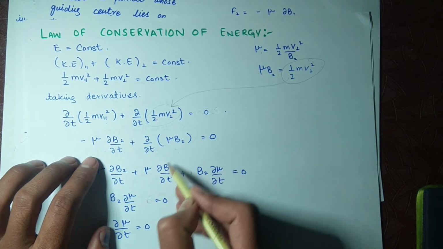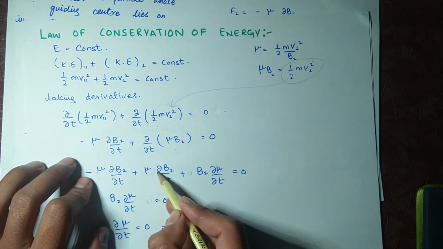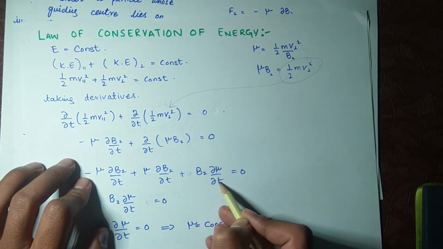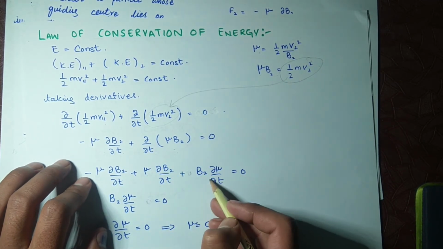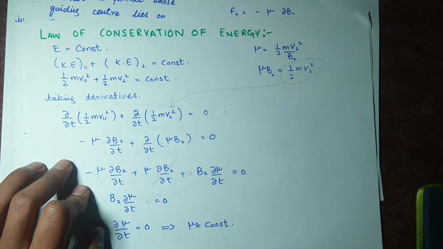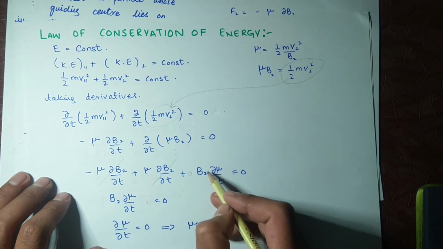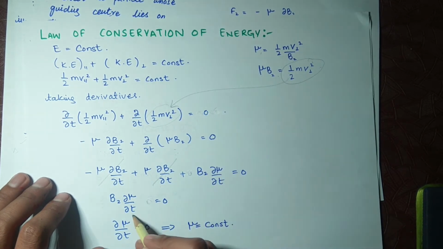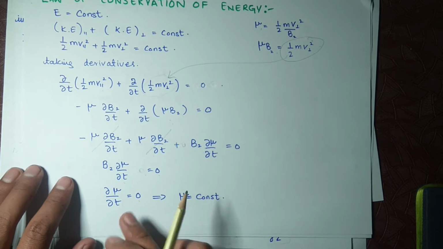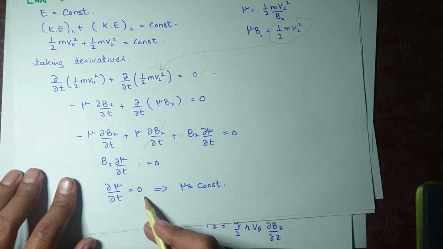Now applying the product rule, mu partial b of z will be equal to b of z partial mu by partial t. This is the product rule we have applied here. This whole value will be cancelled out with this one, and the remaining value will be b of z partial mu by partial t. B of z will be 0, so we will have partial mu by partial t equal to 0.